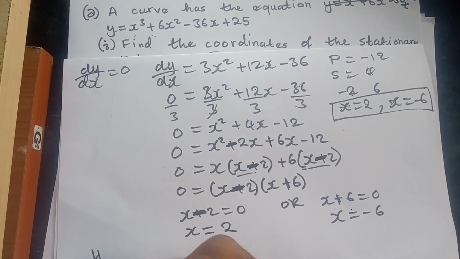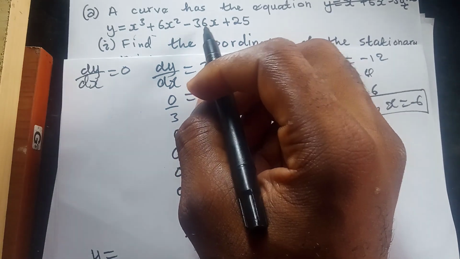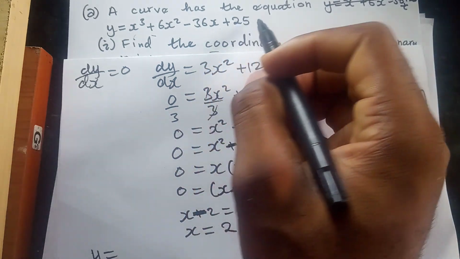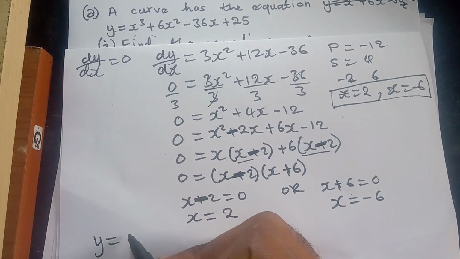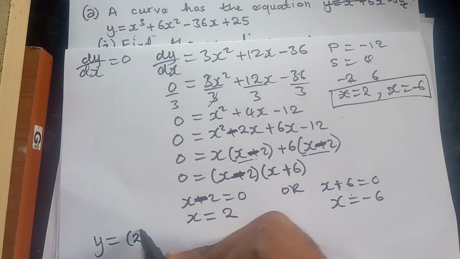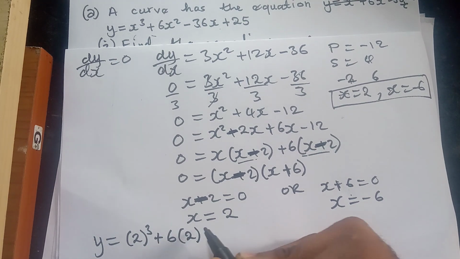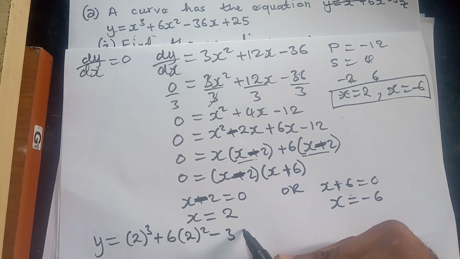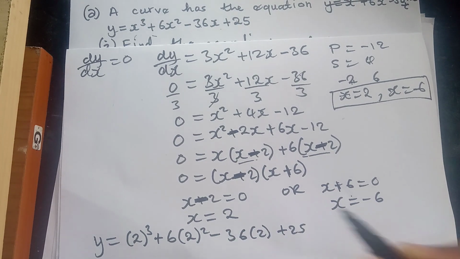So y is equal to x cubed plus 6x squared minus 36x plus 25. So I'll just find f of 2. So this one will be 2 to the power 3 plus 6 times 2 squared minus 36 times 2 and then plus 25.